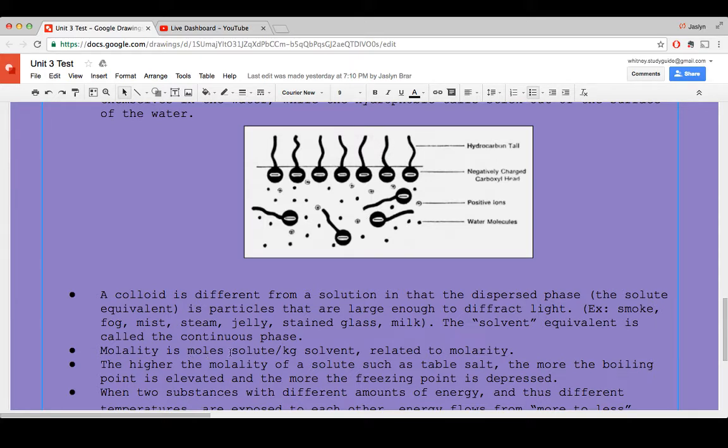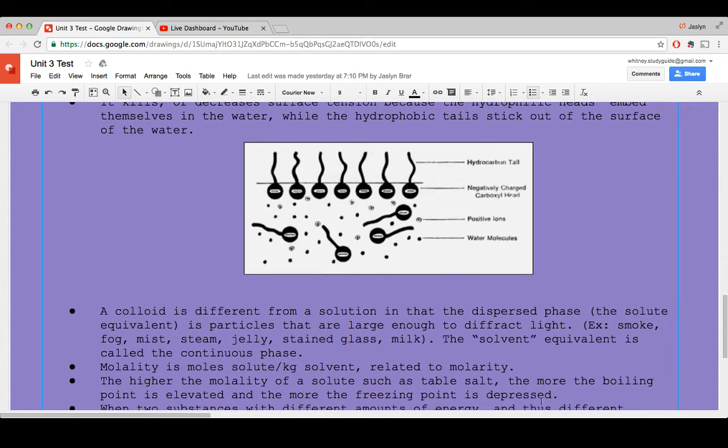So then we have molality, which is a similar concept to molarity, except instead of moles solute per liter solvent, it's moles solute per kilogram solvent. The only reason we learned about it was during our boiling point elevation lab and our freezing point depression lab. The higher the molality of a solute, like table salt, that's what we did in class, the more the boiling point is elevated and the more the freezing point is depressed.